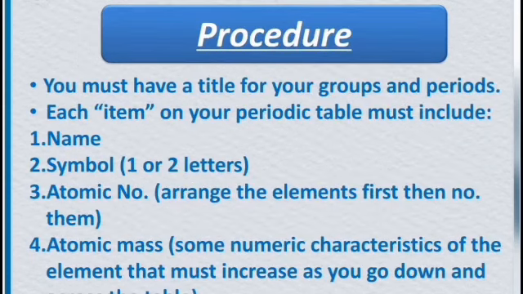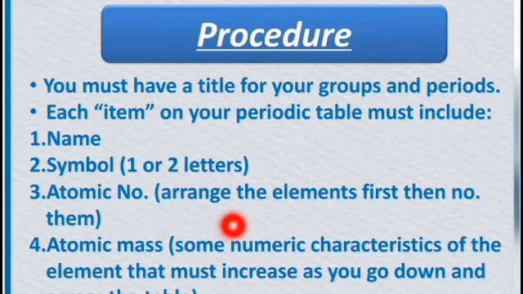Now you must have a title for your groups and periods. Each item on your periodic table must include a name, a symbol of 1 or 2 letters, an atomic number (arrange the elements first, then number them), and atomic mass.